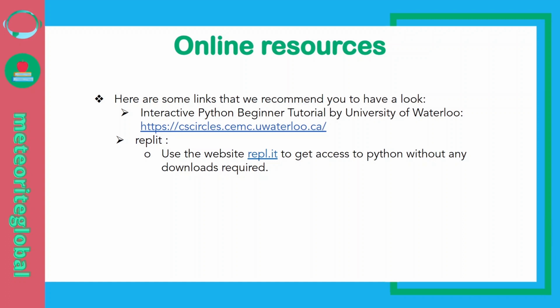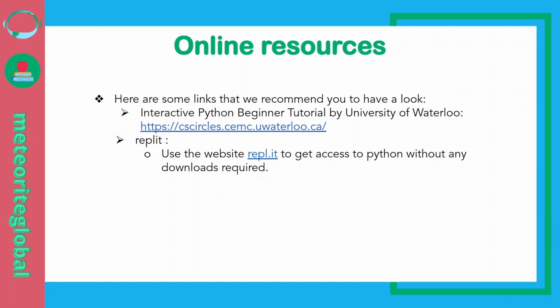The second resource is REPL.it, a website to get access to Python without any installs or downloads required. Because you have to install Python on your computer if you are using Windows, but if you are using Mac, it is already installed. In the case of Windows, that's not the case, and you have to have an IDE so that you can code efficiently.